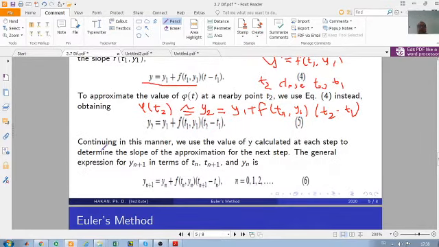Continuing in this manner, we use the value of y calculated at each step to determine the slope of the approximation for the next step.